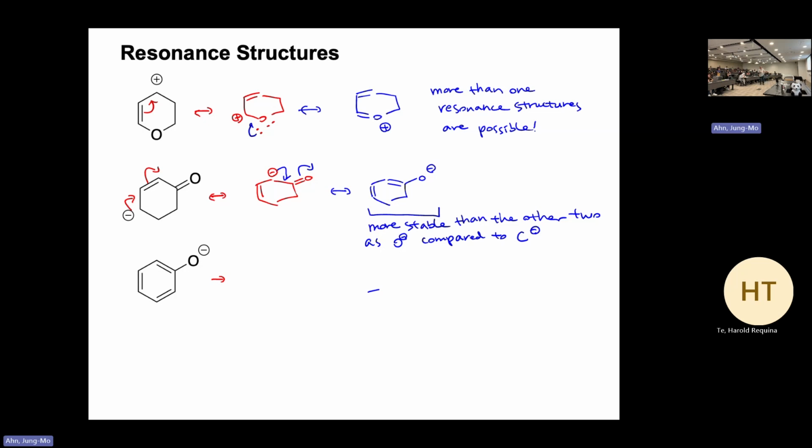Well, that is something that we have talked about. Carbon being negatively charged, oxygen being negatively charged, which one do you think is the most stable? If I give a really heavy weight to someone very tiny or someone very huge in muscle, which one can handle it better? Right? Oxygen, being an electronegative atom, can handle negative charges way better than carbon.